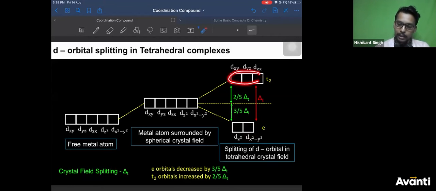Now there are 3 orbitals here, so this splitting will be 2/5 delta T, because its energy is increased by these two orbitals. That's why 2/5.